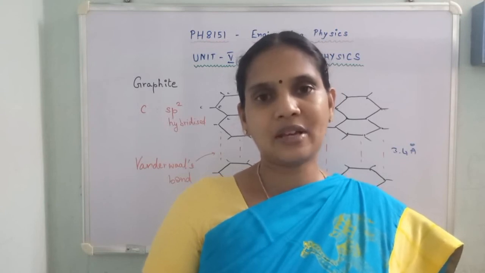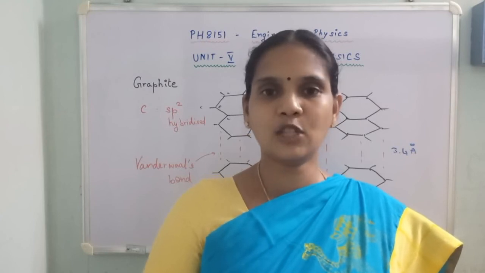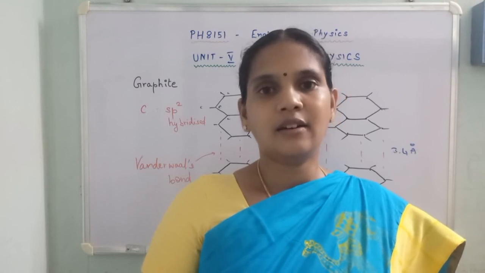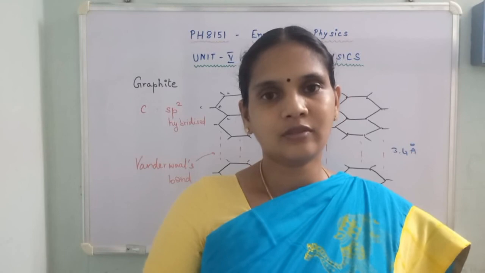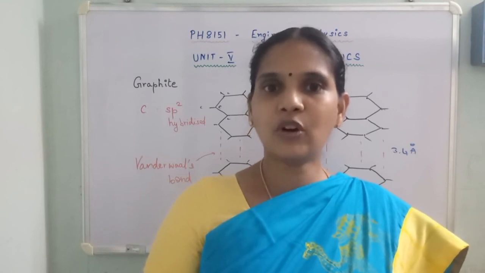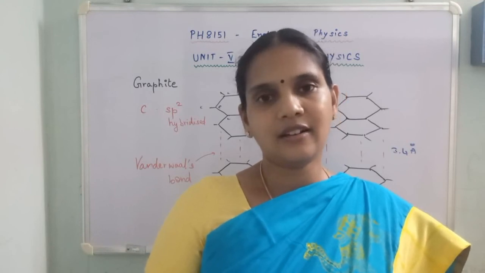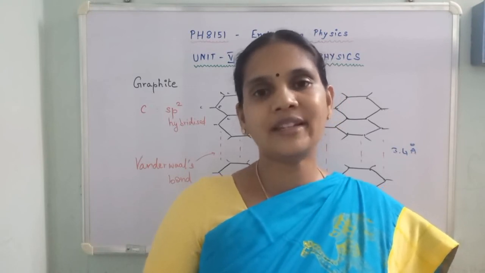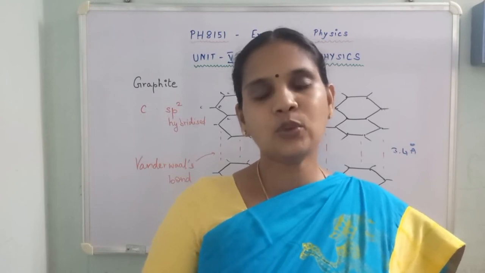From the crystal structure, we calculated the atomic radius in terms of the lattice parameter. We found the coordination number to be 4. We found the number of atoms in a unit cell of diamond to be 8, because of the two intersecting FCC lattices, which is unique to the diamond structure.